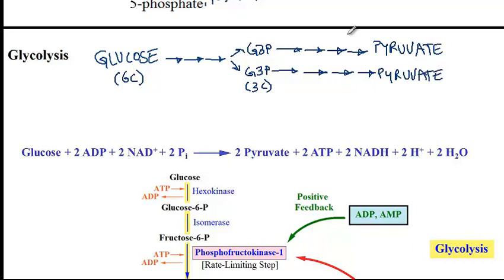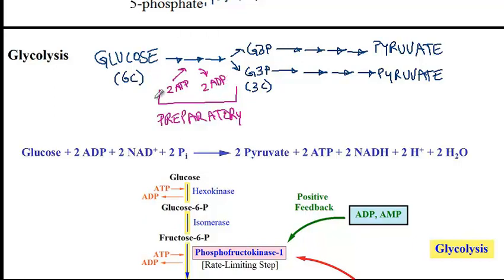Alright, now we can split these reactions into two parts. One is the preparatory phase. The reason for that is that these first few reactions will require 2 molecules of ATP. 2 ATP, and then it will give out 2 ADP.